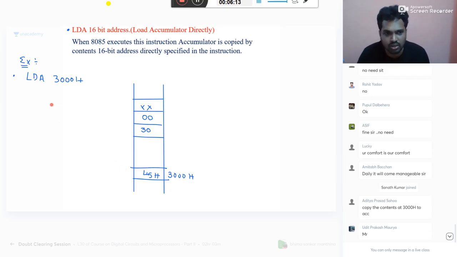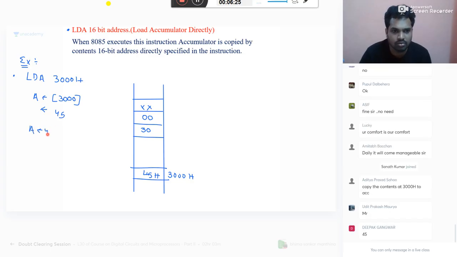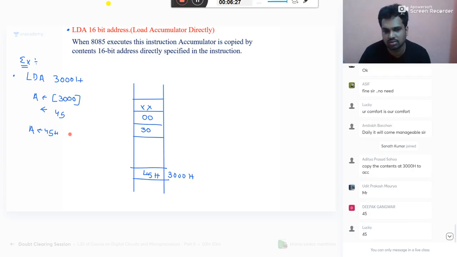So the computer will do what? The accumulator will be copied with the contents of 3000. What is the content of 3000? 3000 is the address, content is 45. So the accumulator will be copied with 45 hexadecimal.